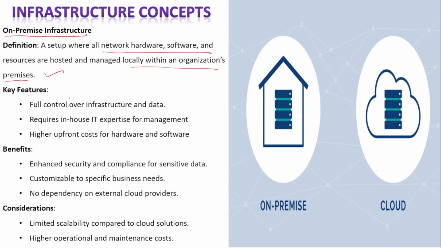Key features include that the user or customer has full control over infrastructure and data, requires in-house IT expertise for management, and has a higher upfront cost for hardware as well as software. Benefits include enhanced security and compliance for sensitive data, customizable to specific business needs, and no dependency on external cloud providers. Considerations include limited scalability compared to cloud solutions and higher operational and maintenance costs.